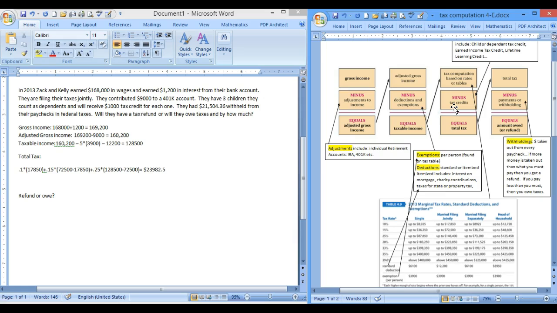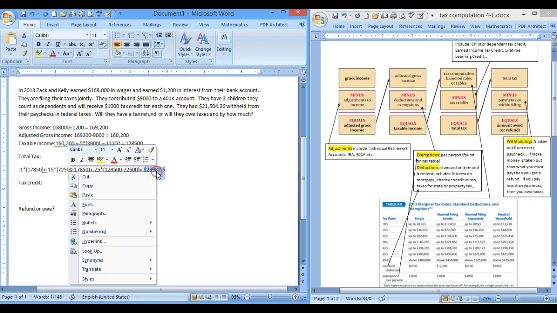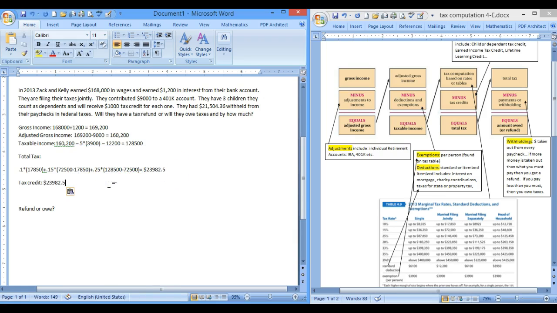So that will be 3 times 1,000, which means tax credit time, this amount subtract 3 times 1,000, or 3,000, which will give me, let's see, 1, 2, 3, 20. So take off the 3,000 gives me 20,982.50.